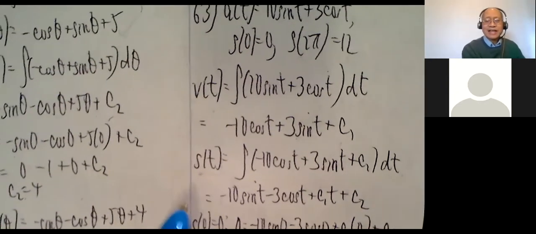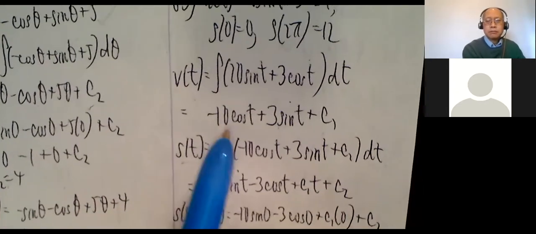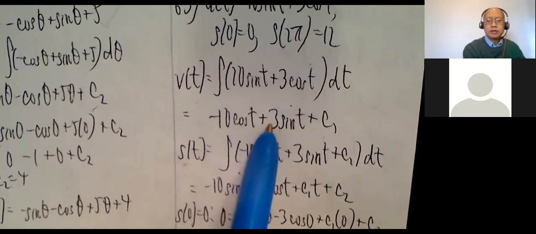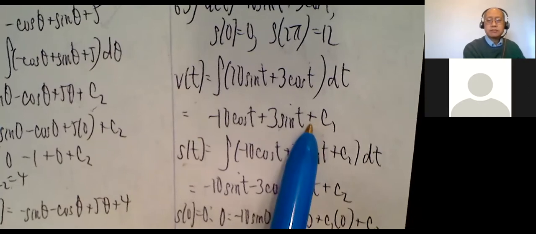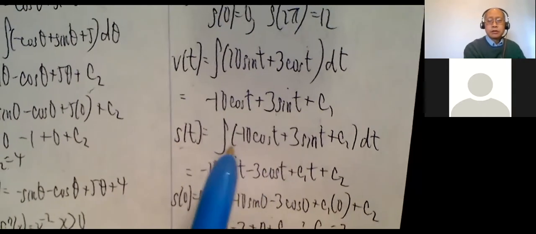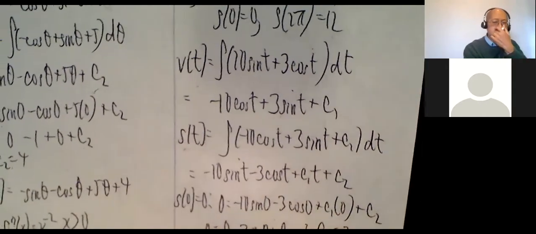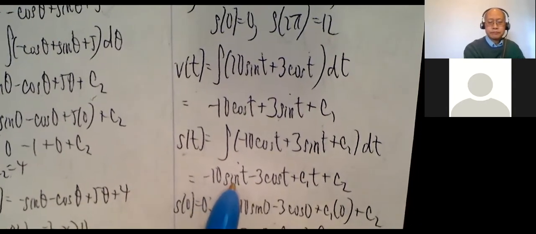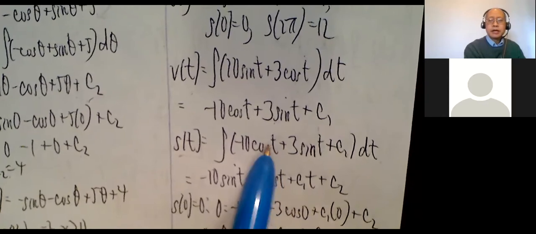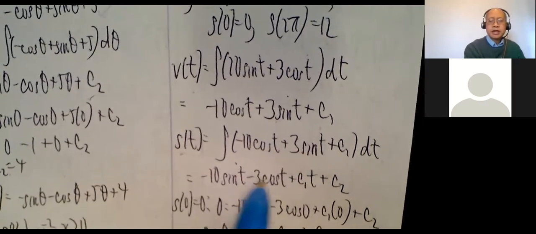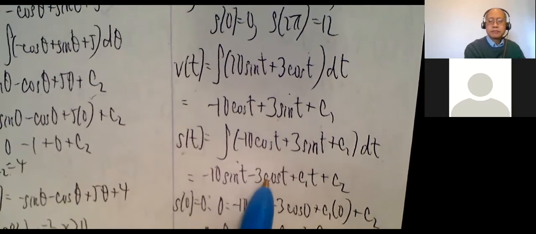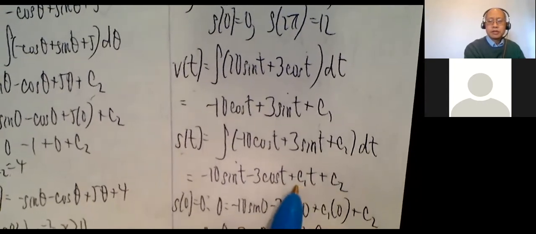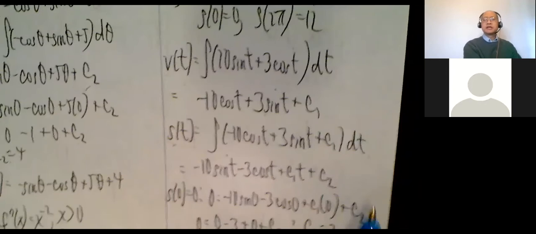So finally get back to the S level. I integrate this. Integral of negative 10 cosine t plus 3 sine t plus C1. Integral of negative 10 cosine t, negative 10 sine t. Integral of 3 sine t, negative 3 cosine t. Integral of C1, C1t, plus another constant, C2.